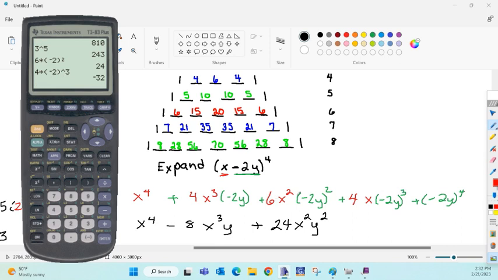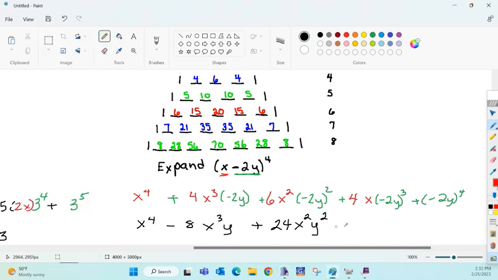Here, 6 times negative 2 squared, that's this one right here, so 6 times 4, 24. 4 times negative 2 to the third gives you negative 32, and then x. Yep, negative 32 x y to the third.